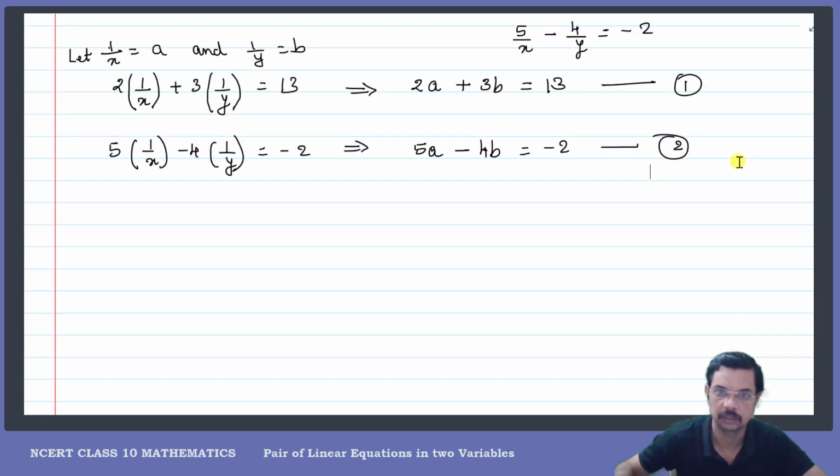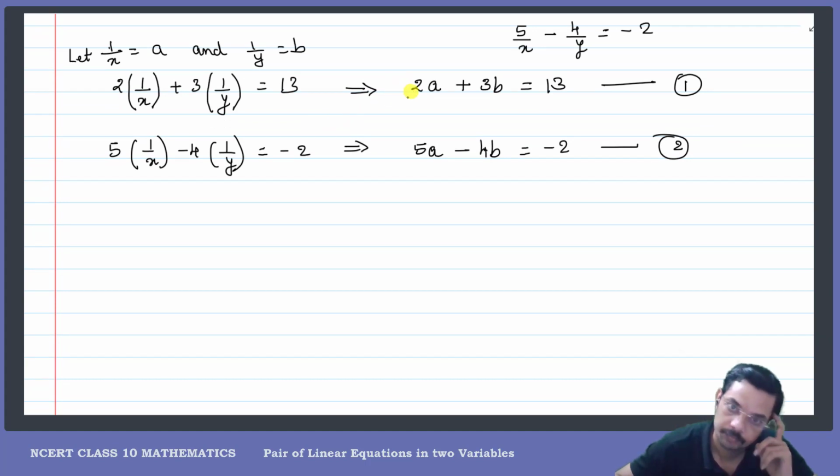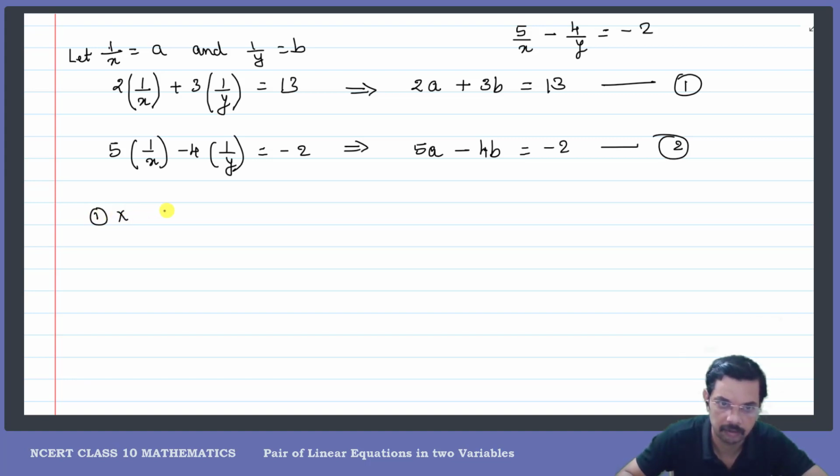Say the first equation I will multiply by 5 and the second equation I will multiply by 2. So equation number 1 multiplied by 5, what am I going to get? 5 2s are 10a plus 5 3s are 15b, and that will be equal to 13 5s are 65.